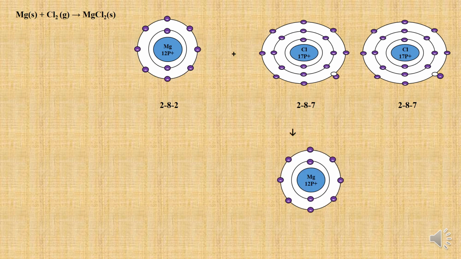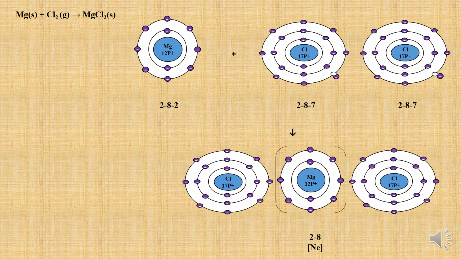And this results in formation of a magnesium ion, which attains the electronic configuration of neon. And the chlorine gains one electron each from magnesium, and thereby attains the stable electronic configuration of argon.